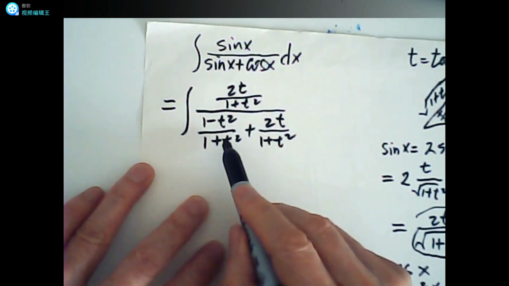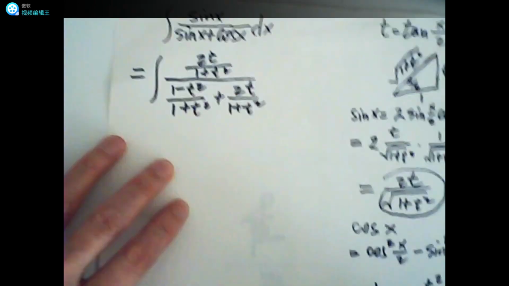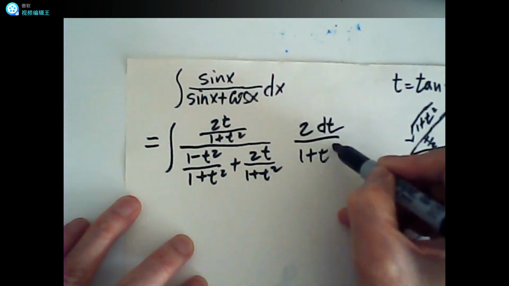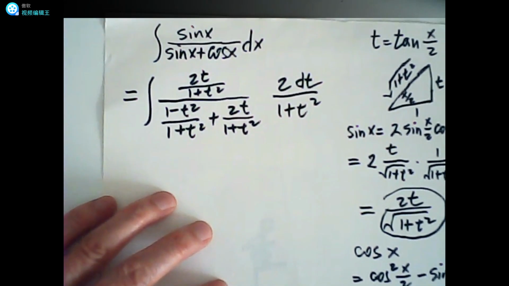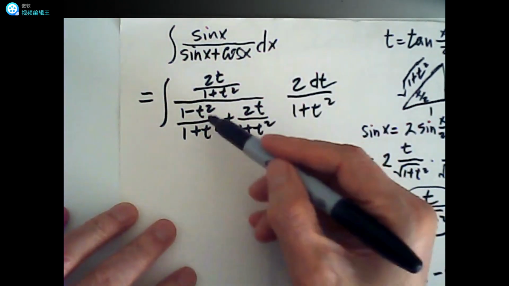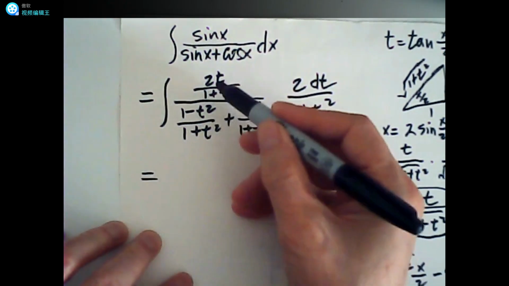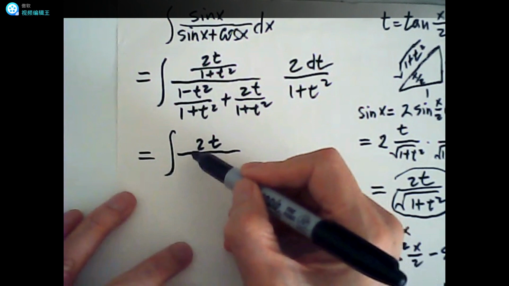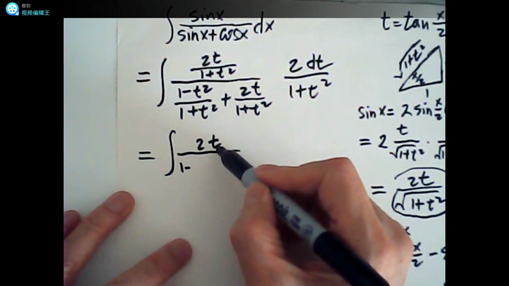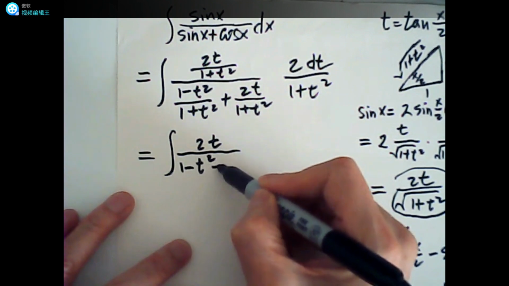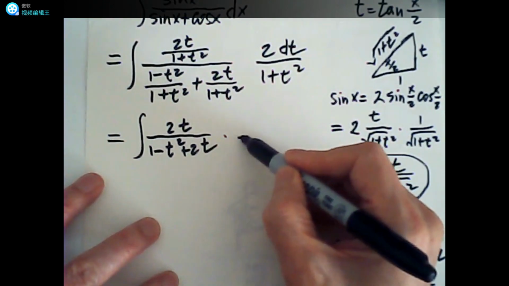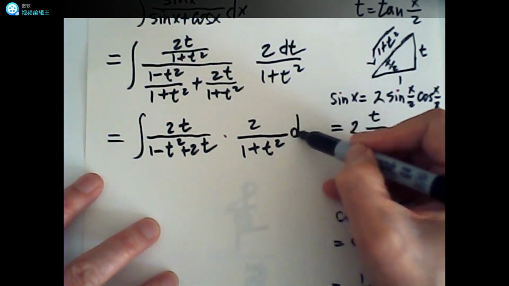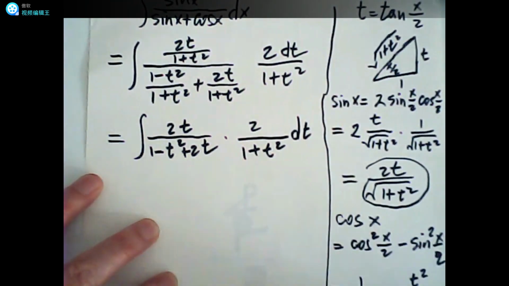And the dx is 2 dt over 1 plus t squared. Then multiply by 1 plus t squared everywhere, top and bottom. You have 2t over 1 minus t squared plus 2t, and this one is 1 plus t squared, and dt.